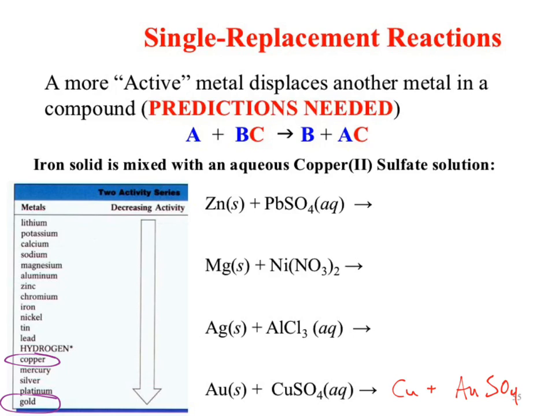Most singular. Where is gold most singular? On the left-hand side of the equation. We'll also look at copper. What does copper want to be in comparison to gold? More compoundy. Where is copper in a compound? Does this reaction occur? No.